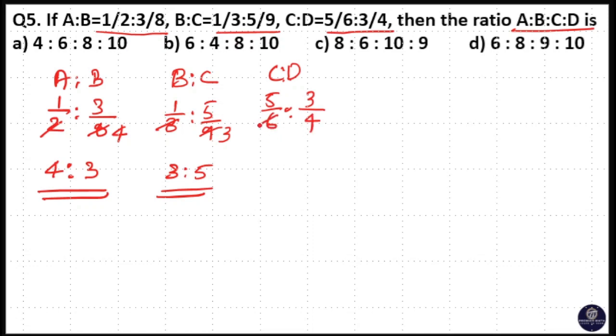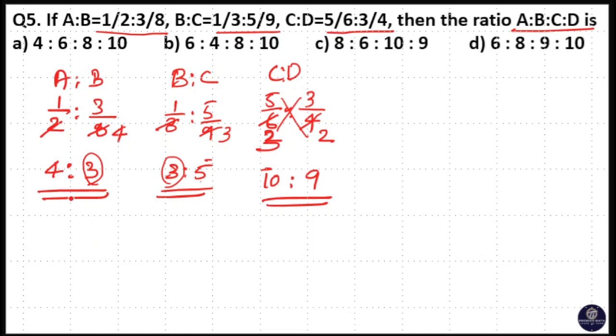When you cancel this with 2, this is 3, this is 2. So, when you cross multiply, you will get 5 into 2, 10, 3 into 3, 9. So, 10 is to 9 is C and D. Here you can see B is common here. But C is not common here.